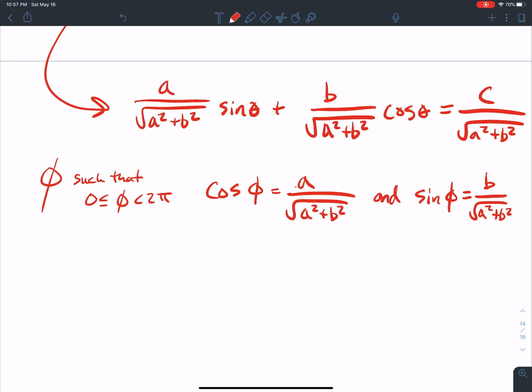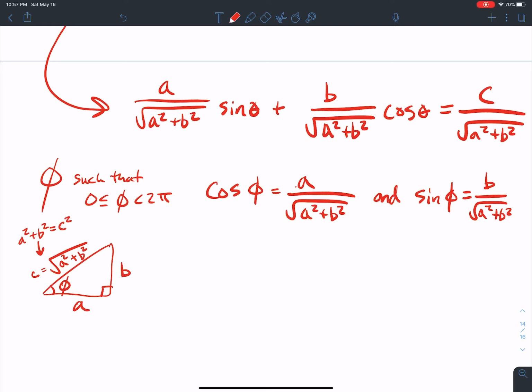Well, if I draw a triangle, and I've got my A and my B, then the Pythagorean theorem says a squared plus b squared equals c squared. So that hypotenuse C is equal to this right here. That comes from the Pythagorean theorem. And so this is some phi right there.